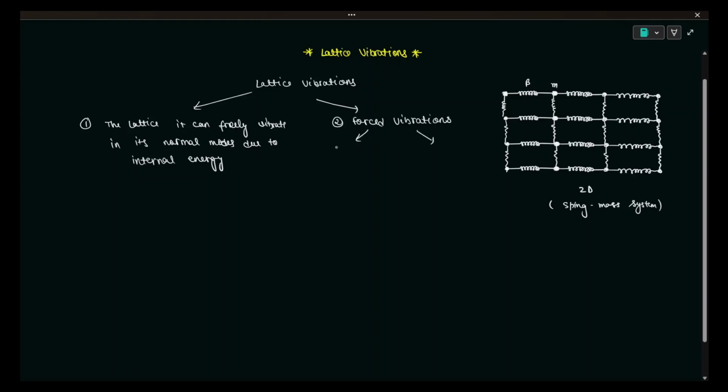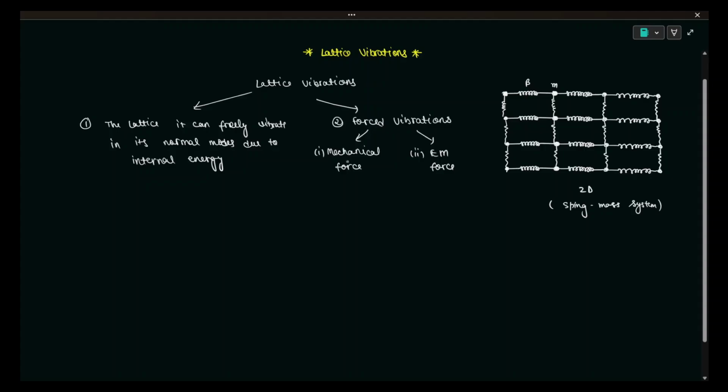First one is because of some mechanical energy or some mechanical force, or it can be because of some electromagnetic force.